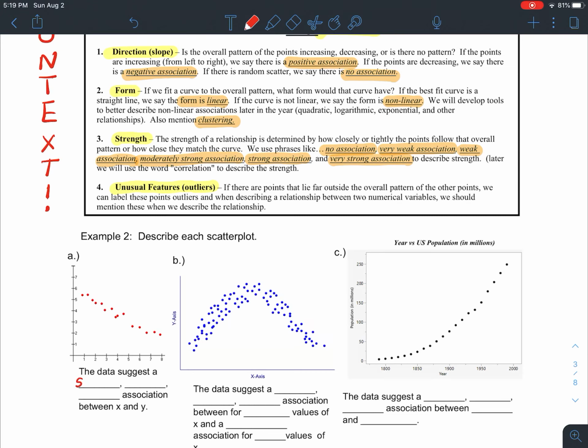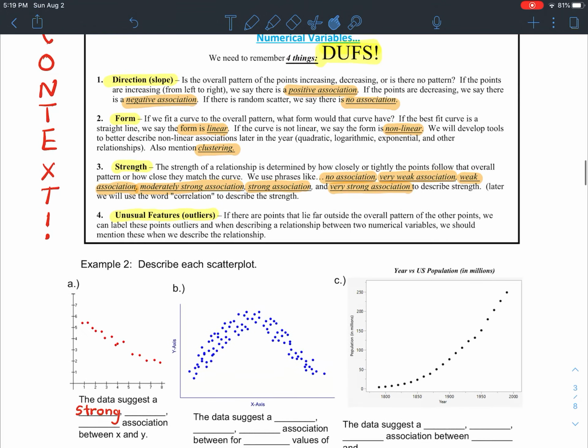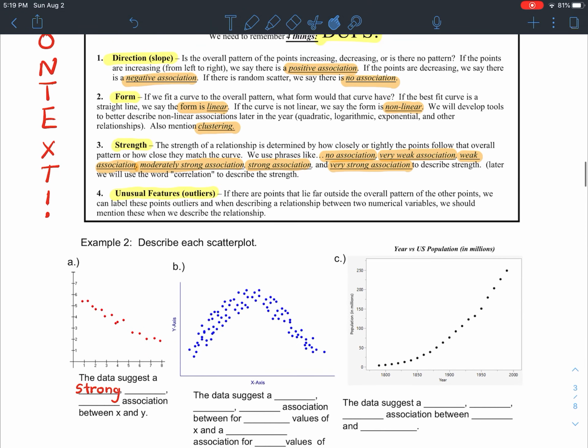So we're going to say the data suggest, and it really doesn't matter the order that you list these things in. I'm going to call this a strong association, because it really feels like these points are nicely clustered together in somewhat of a tighter line here. So I'm going to say this is a strong, and then when it comes to form, there is definitely a distinct linear pattern here.